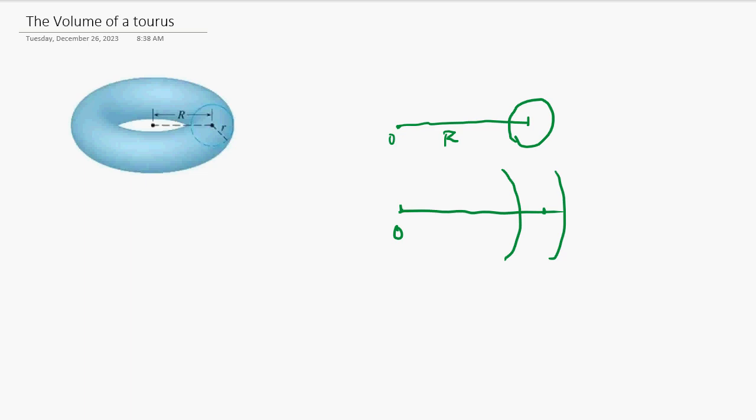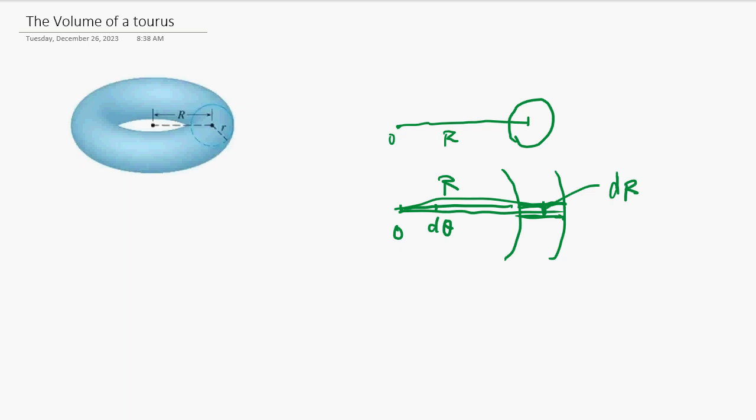And here's R, and we take a slice of disk, right? And this distance we call dr. Okay, so this angle is going to be d theta, right?